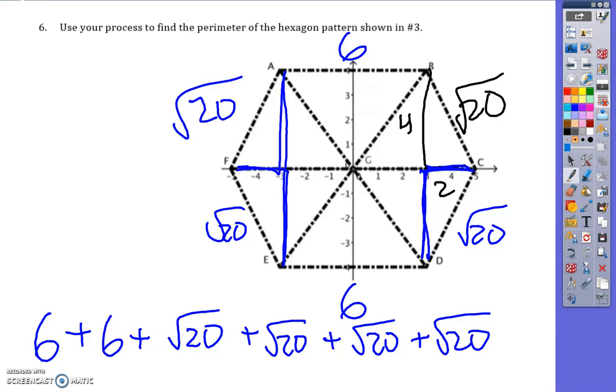I'm going to use my calculator now. Okay, and we have 29.8888. So 29.9 units. And that's my perimeter of the hexagon. So that's pretty cool.